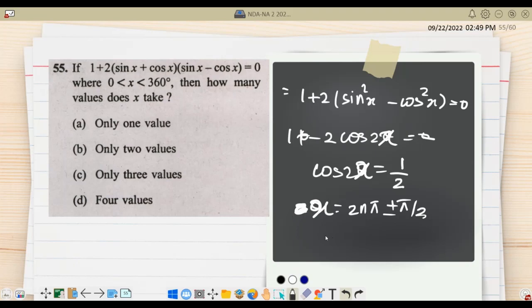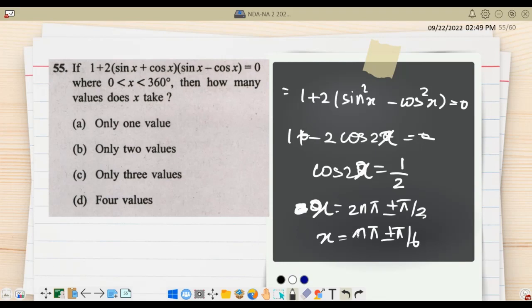So x will only take the values of, bringing the 2 down, n pi plus or minus pi by 6. So the values inside 360 are found when you apply n.